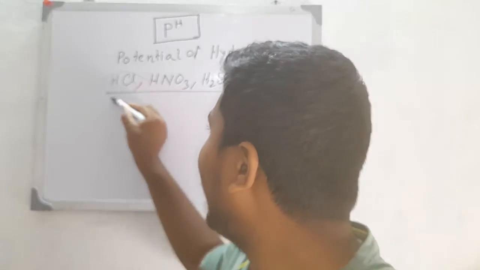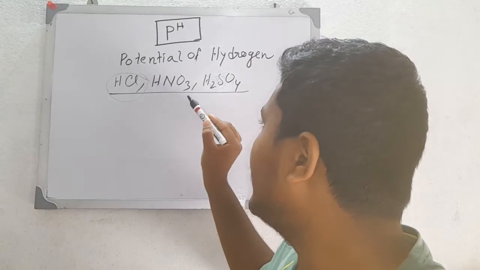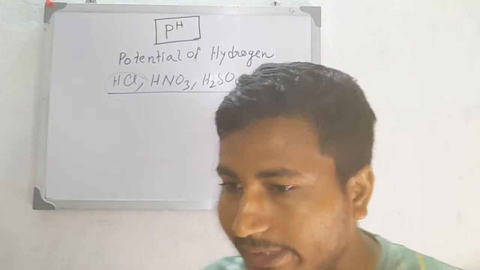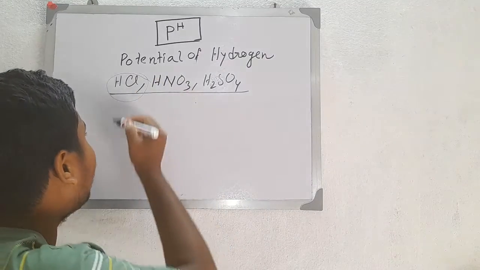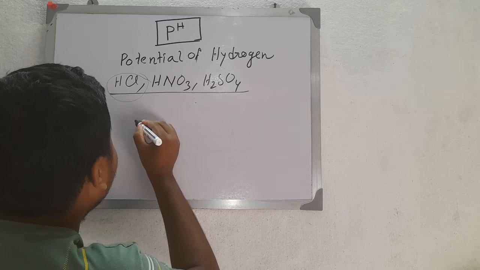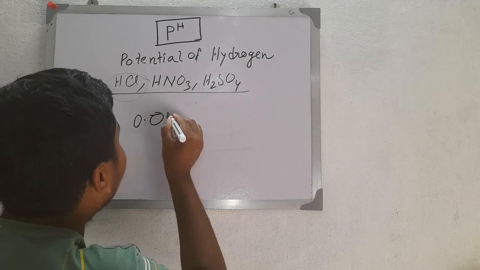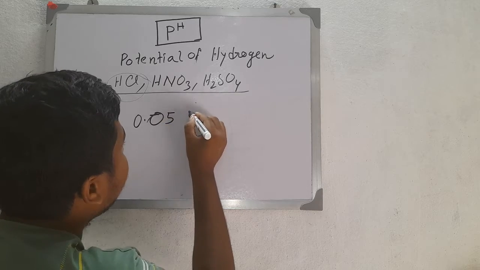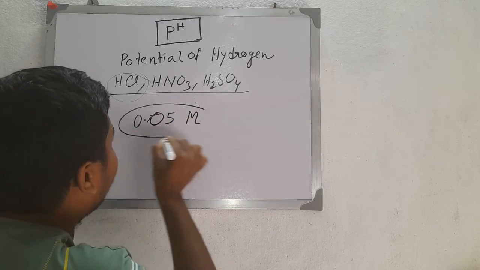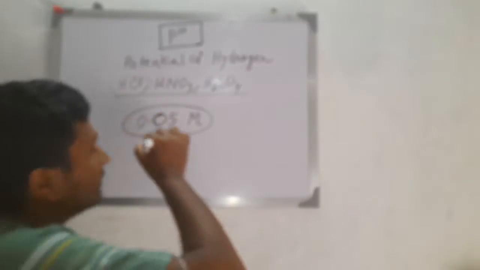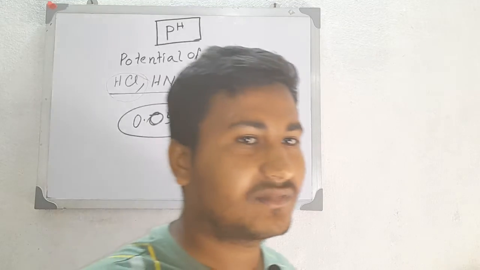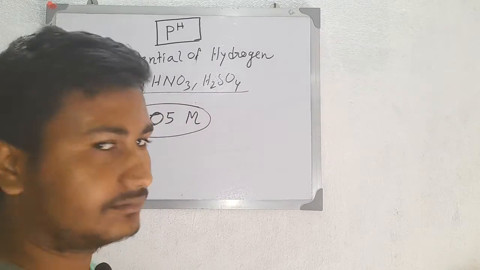They are fully ionized and dissociate completely into ions. Let the concentration of H plus be 0.05 M, that is, the molar concentration of HCl is 0.05 M.